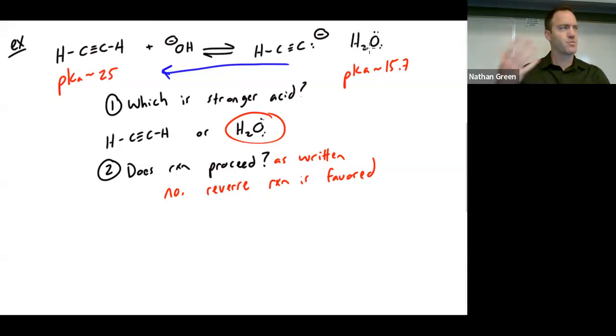And water's like, well, bro, I can lose a proton just fine. I have a pKa of 15, no problem to turn back into hydroxide. So we have to be able to compare what is losing a proton, what does it turn into, and what would the reverse reaction be? Because these equilibrium arrows really do matter for acid-base chemistry.